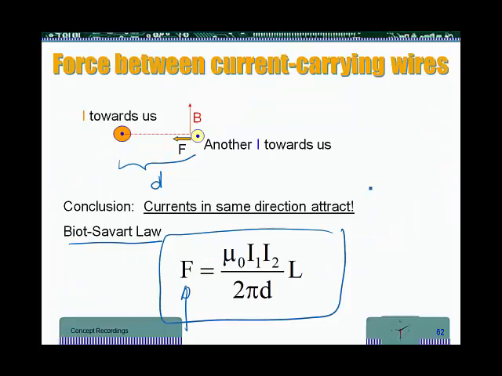When the currents are in the same direction, the forces are going to be attractive. The force on wire 2 is going to be towards wire 1. The force on wire 1 is going to be towards wire 2. But when the currents are in opposite directions, it's going to be a repulsive force.